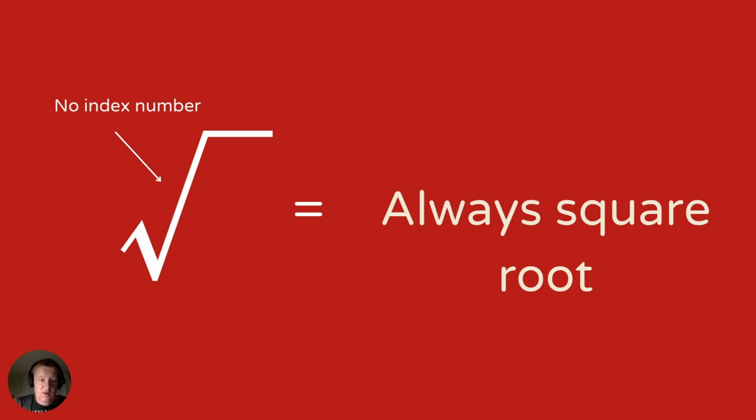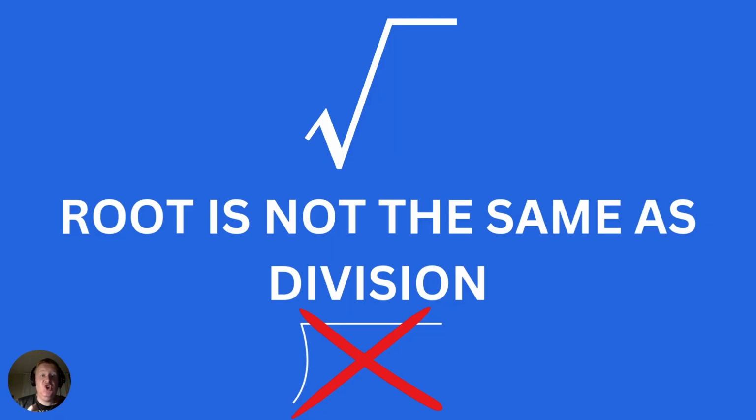And I also want to remind you that root is not the same as division, because if you divide a number by itself, let's say 10 divided by 10 is just going to make 1. 2 divided by 2 will equal 1, and 1 million divided by 1 million will again equal 1. So root is not the same as division.